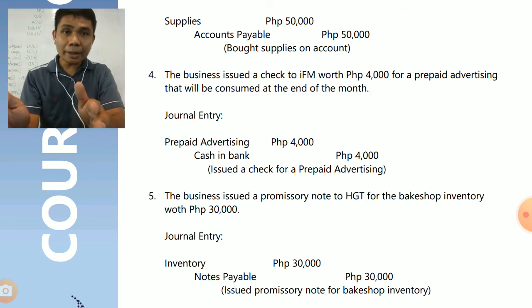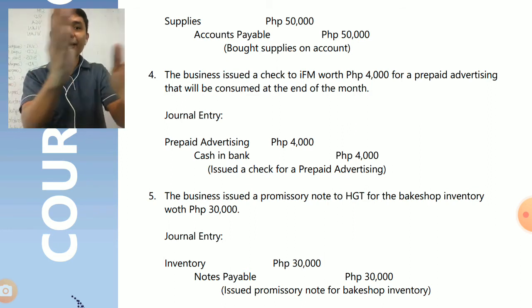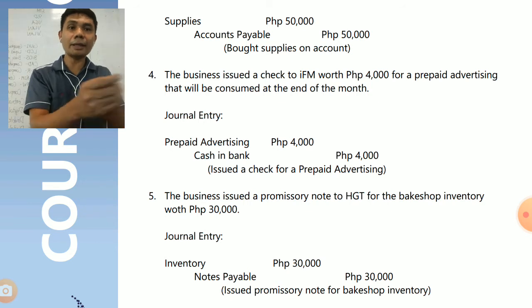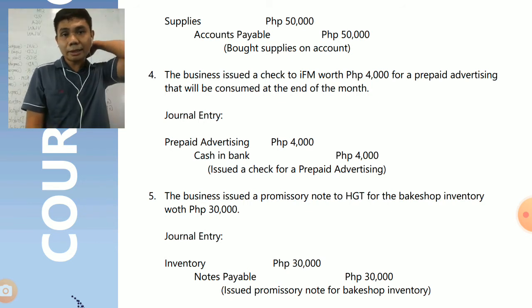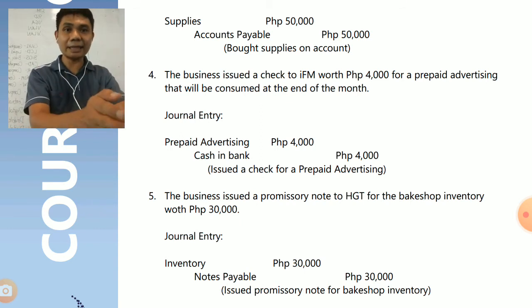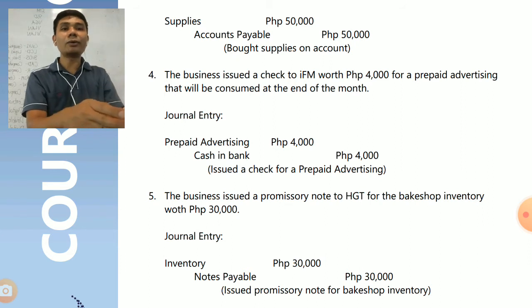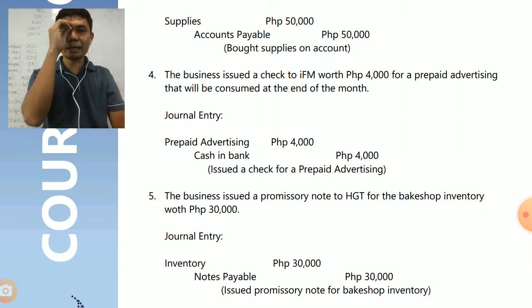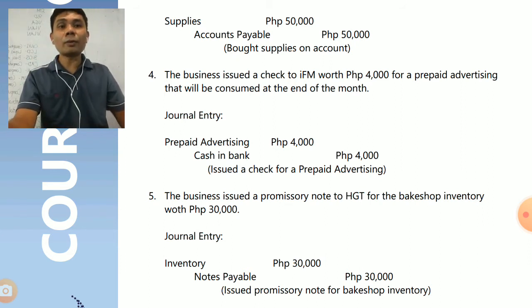Pero kay gigamit pagbayad, meaning nag-decrease ang imong cash in bank in the amount of 4,000. That is why you credit cash in bank to signify nga nakuhaan og 4,000 imong cash in bank kay nag-issue ka og cheque to pay for the prepaid advertising. Naa pay laing account nga maapektuhan? Wala na, kana rang duha.